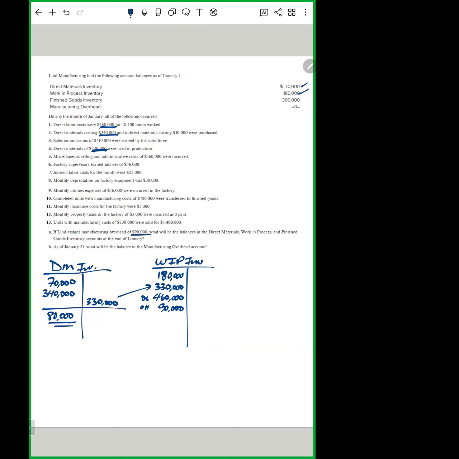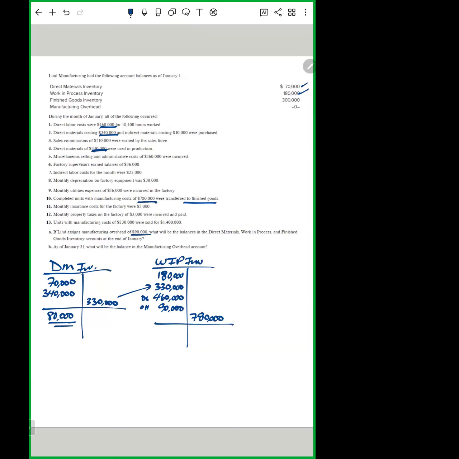And it says that completed units with a manufacturing cost of 780 were transferred to finished goods. All right, so we know 780 was transferred out.